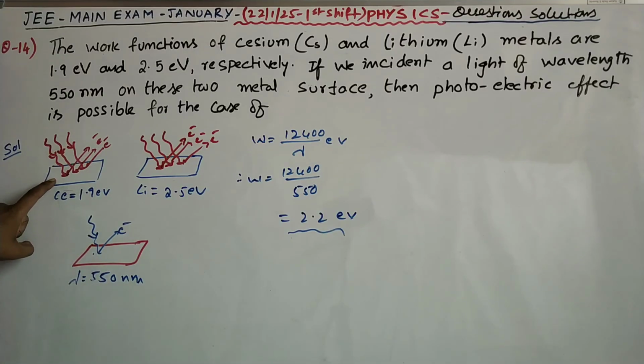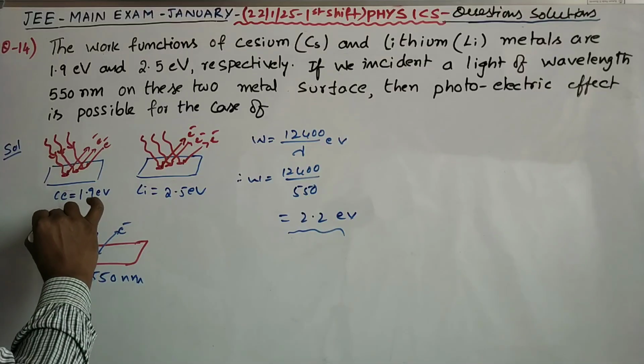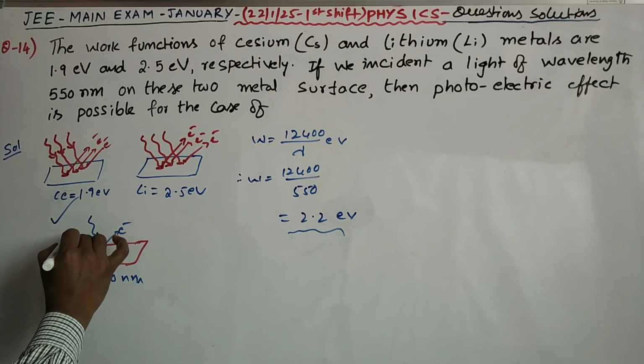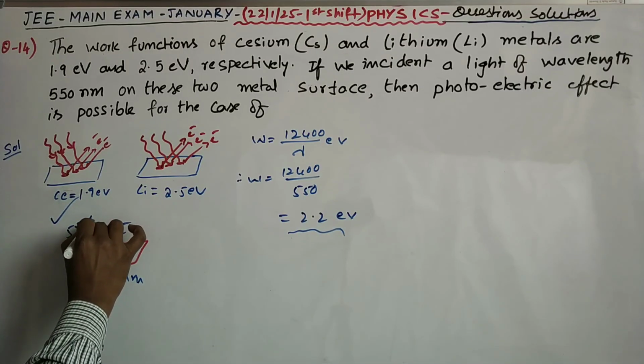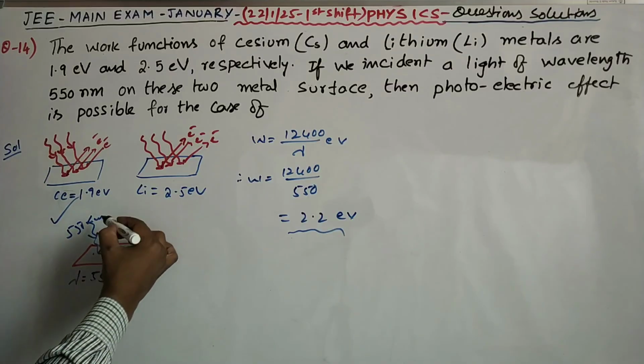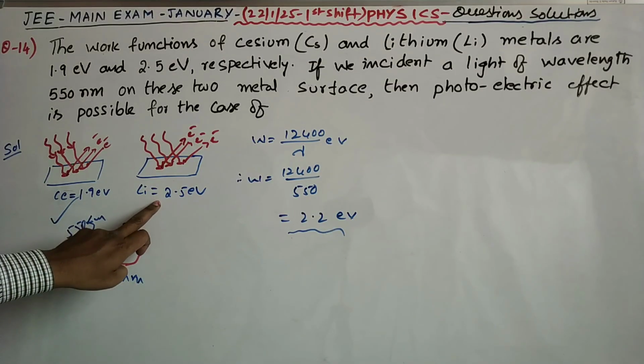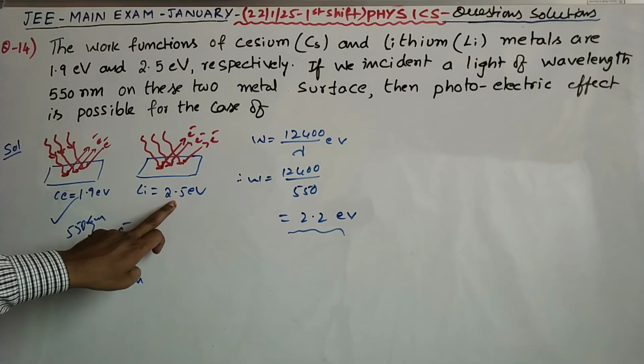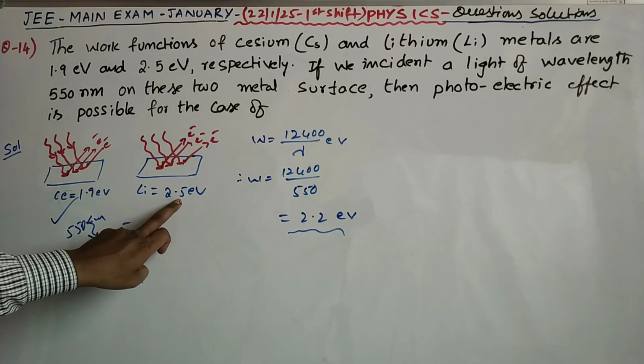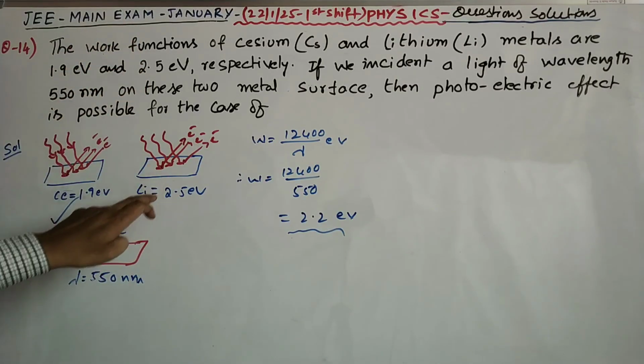So here, in cesium, what is the minimum energy required? The minimum energy of incident radiation equal to or above 1.9, then only photoelectrons are ejected. So it is possible. That means from cesium metal, a radiation of wavelength 550 nanometer is capable of ejecting photoelectrons, it is sufficient. But for lithium, the incident radiation must be at least 2.5 or more, then only photoelectrons are ejected.